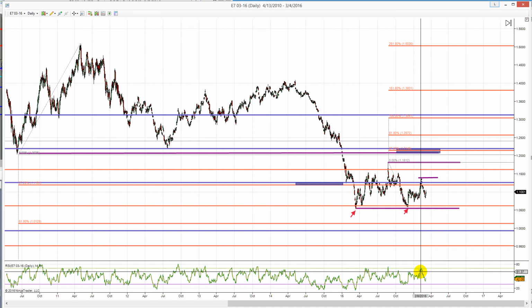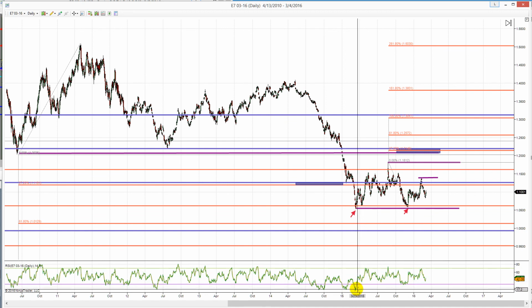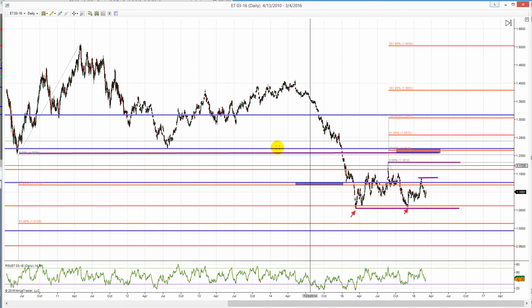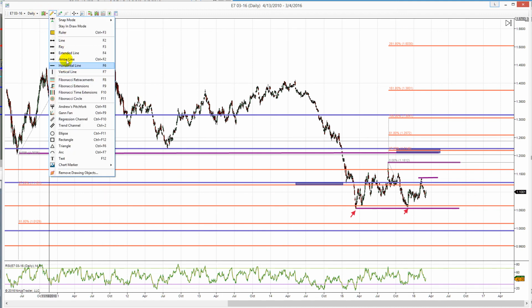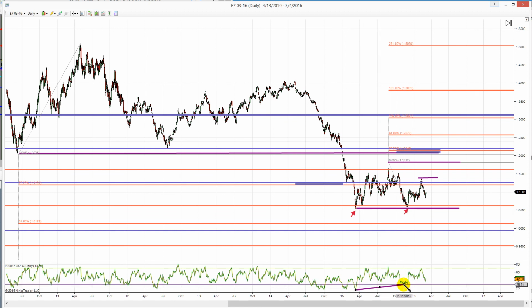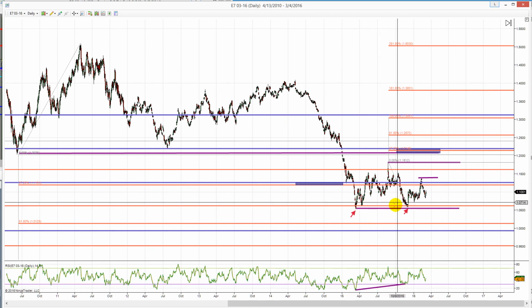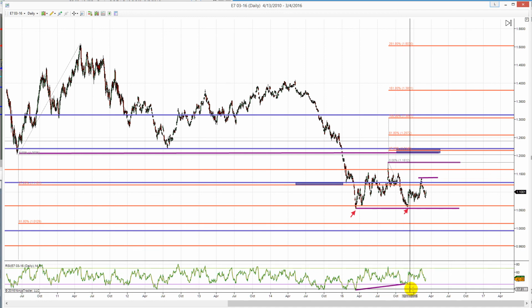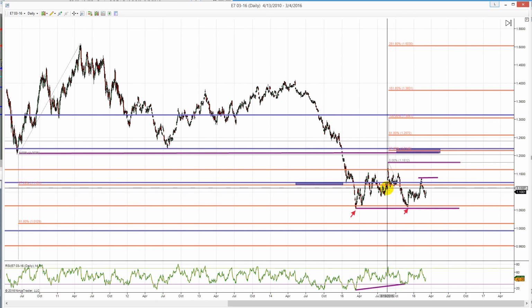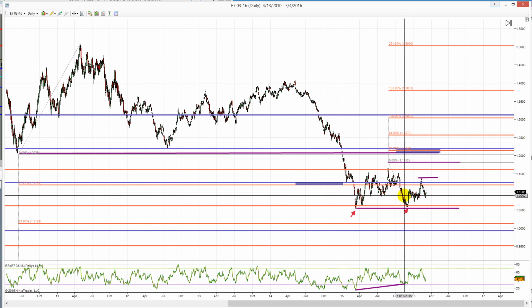What is here? RSI is in between. It's not overbought, not oversold. And by the way, you see here divergence, which was a buy with a stop below that low, and up we might go.